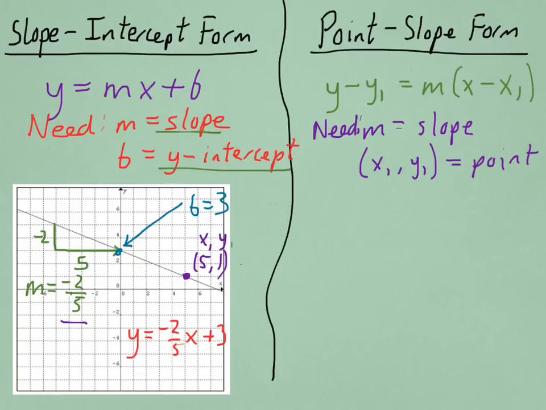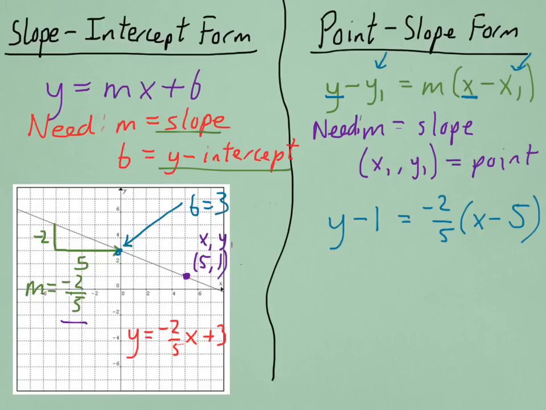So I could write the equation as y minus 1 equals -2/5, that's my slope, times quantity x minus 5. Notice that the y's and x's without the subscript do not get plugged into. It is only the y1 and the x1 that get plugged into.